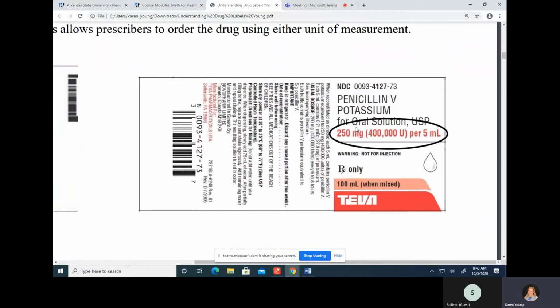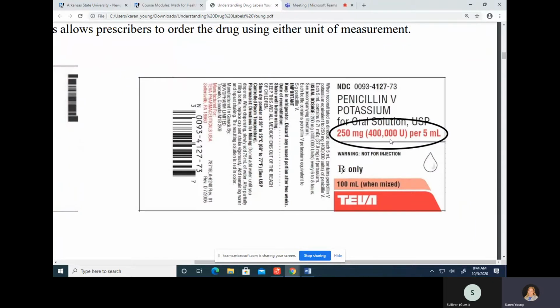It's an oral solution, so my route's going to be oral. I have 250 milligrams, 400,000 units per 5 milliliters. So I can read it, or I can look at it as 250 milligrams per 5 milliliters. If I'm needing to give it in units, because penicillin can be given in units also, or it will be listed in units also. Sometimes I've used the 400,000 units, depending on what the doctor ordered.